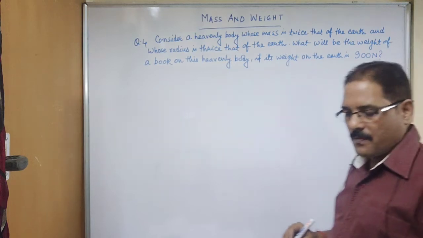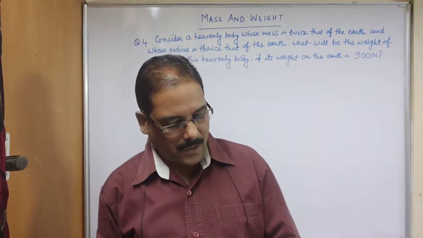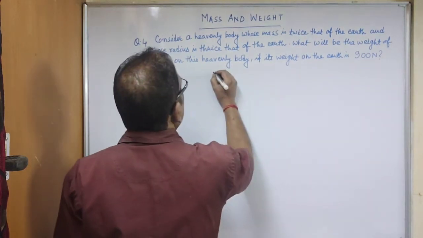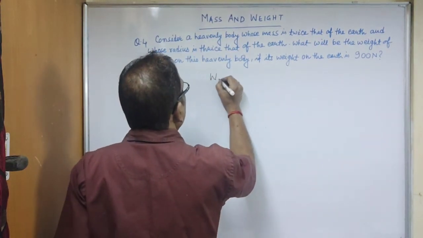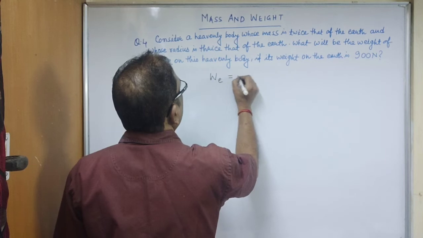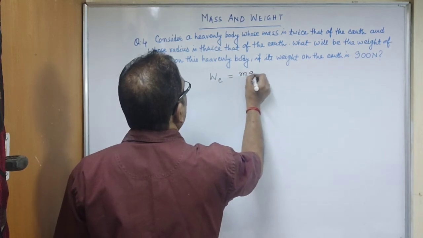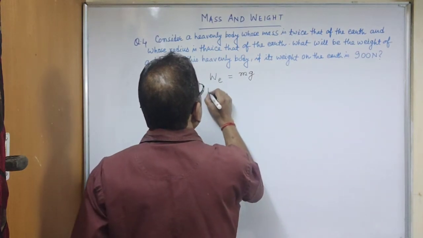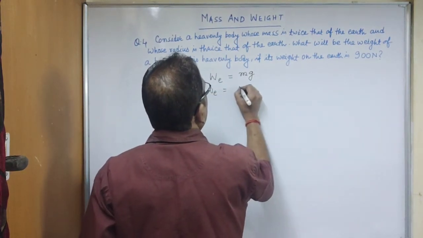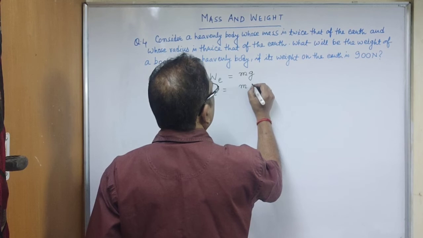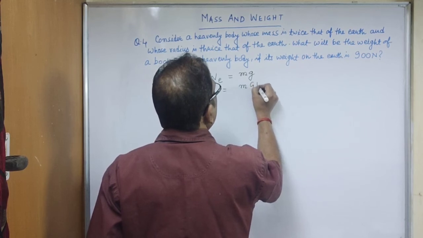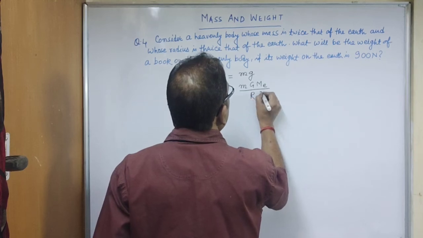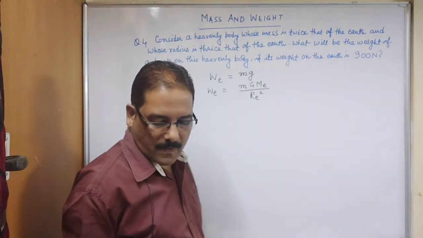So recall the formula for weight first, children. We know that weight on earth is equal to mg, and this can be further written as m into g, where for g we can write G Me by Re square, isn't it?